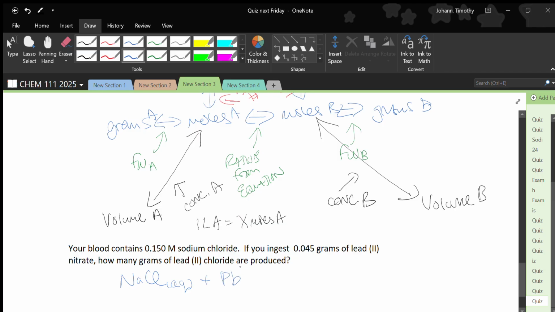How many nitrates do I put with it? 2, because nitrate has a charge of -1. Okay, and that's also aqueous, because all the nitrates are aqueous. Then we're going to do a double displacement reaction here, so we swap partners. And we're going to end up with lead chloride. Lead chloride is not aqueous, it's a solid.